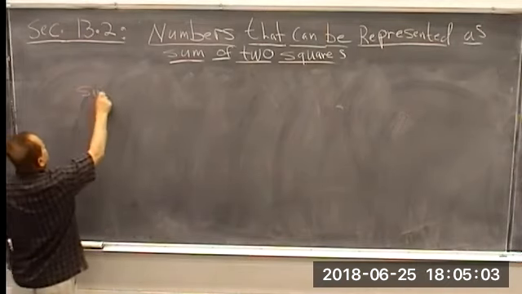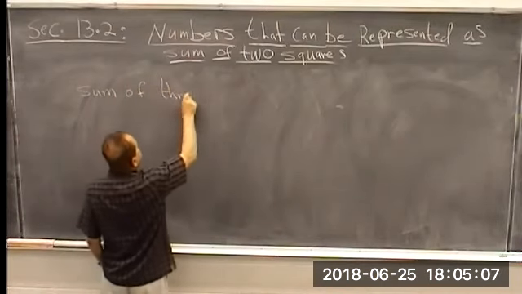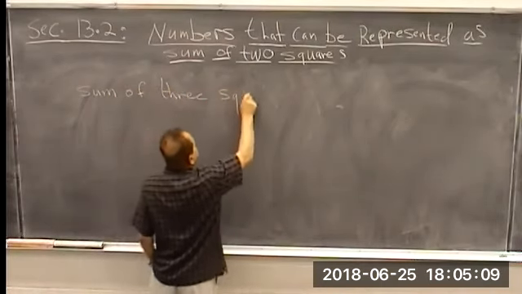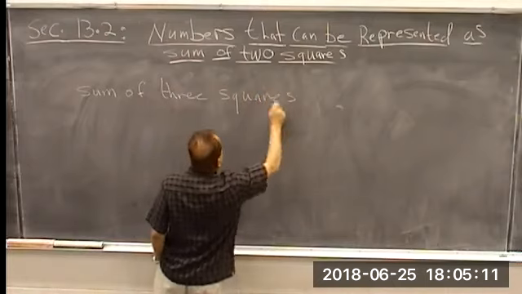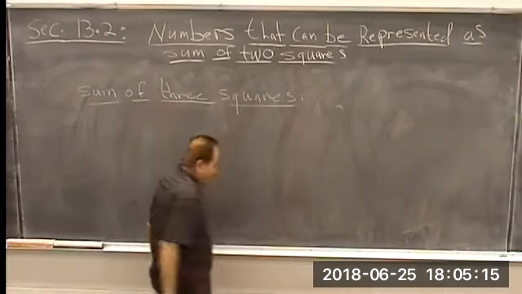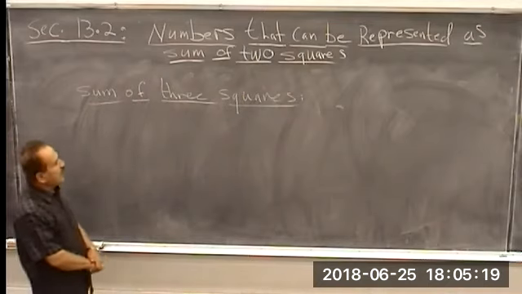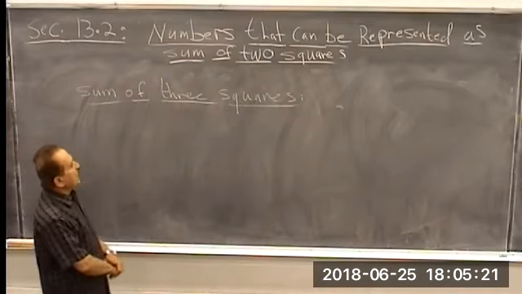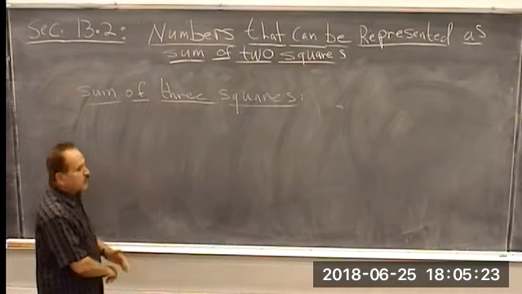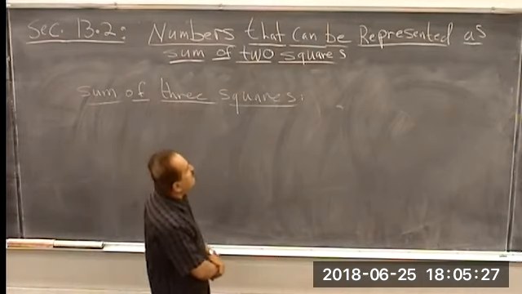So let's look at the sum of 3 squares. Of course, if an integer can be written as the sum of 2 squares, then it can be written as the sum of 3 squares, because you could just add in a 0 square.